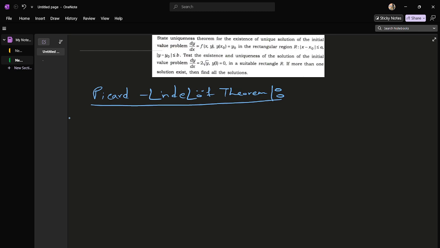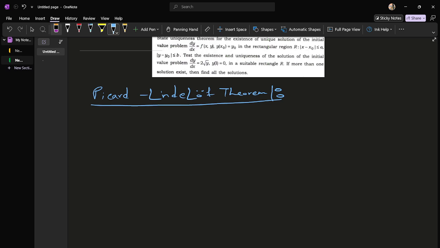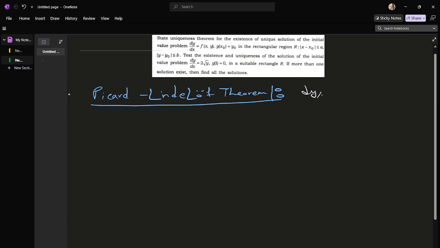What the theorem says is that we have our initial value problem, dy/dx = f(x, y), with the initial value given here.